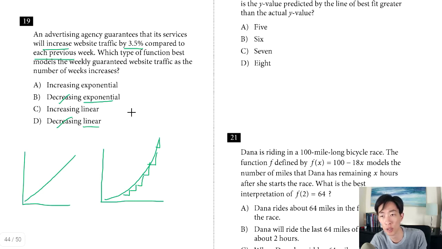Because let's say it starts off with like 10 people watching, and then it increases by 3.5%. So I don't know, let's estimate that that's 11. If it increases by another 3.5%, the increase is going to be bigger than the previous week because your new total is now bigger. So that tells you that the increase is not going to be constant, it's actually going to be exponential.